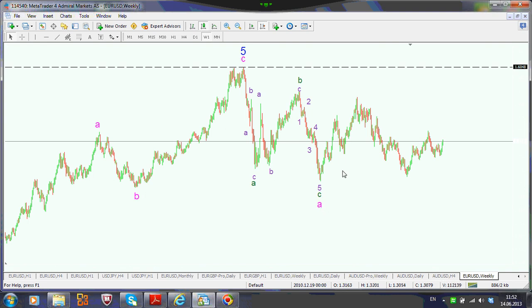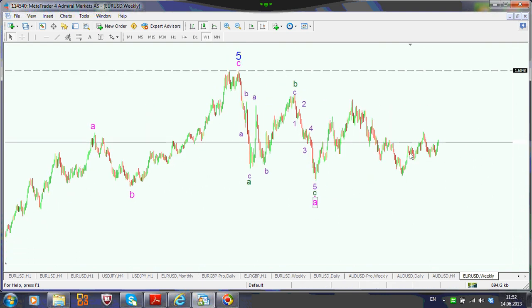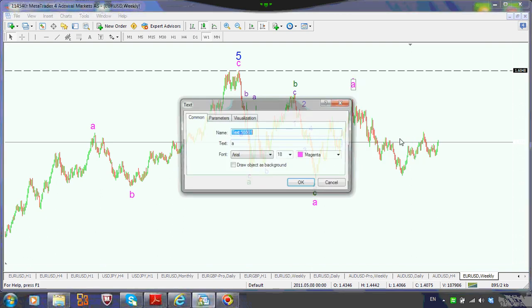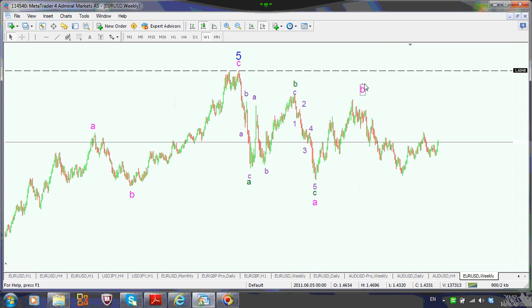Now keeping the same structure, if this is the A, then I would say that the B to the upside would be something like this. So A, B, and then looking for a move to the downside.